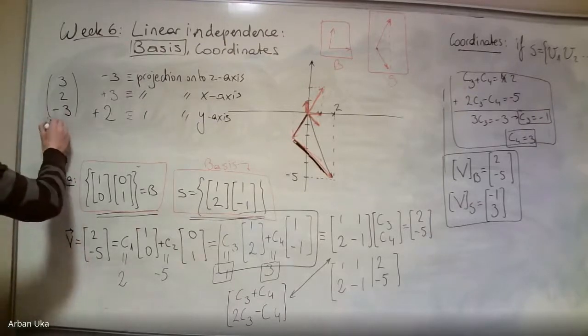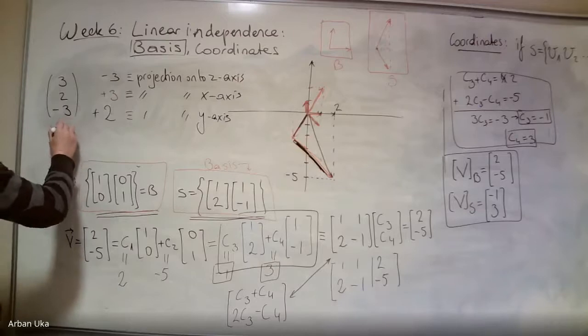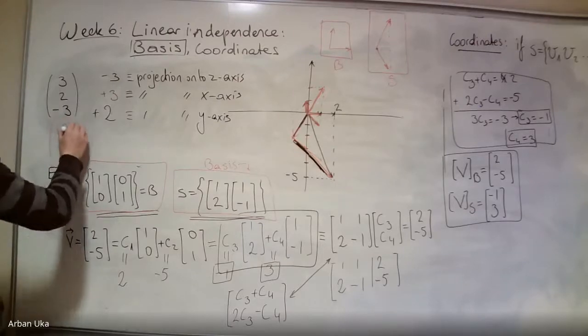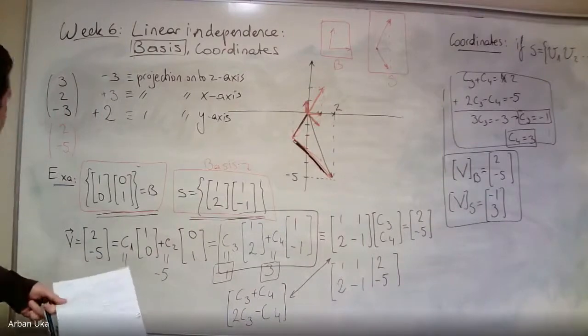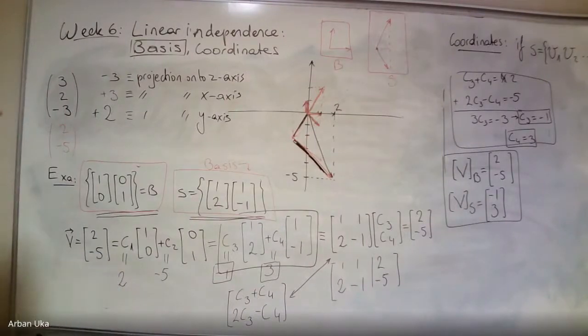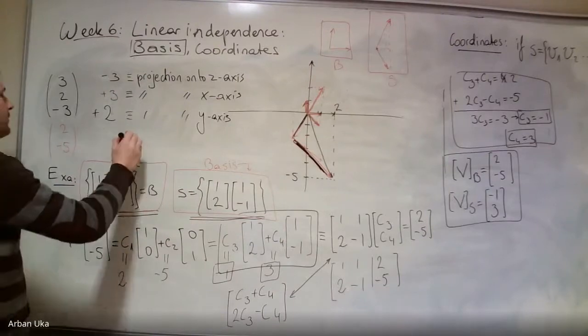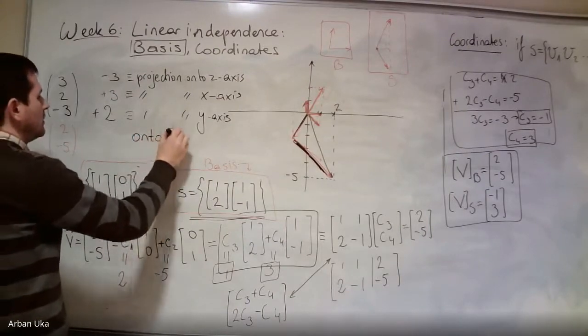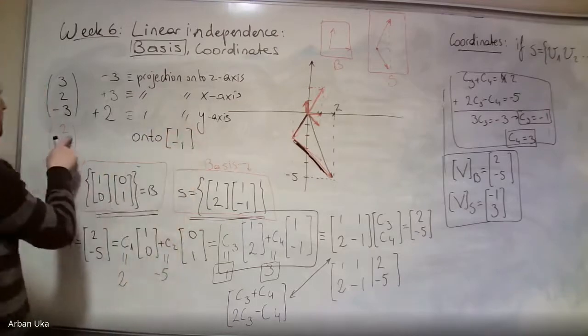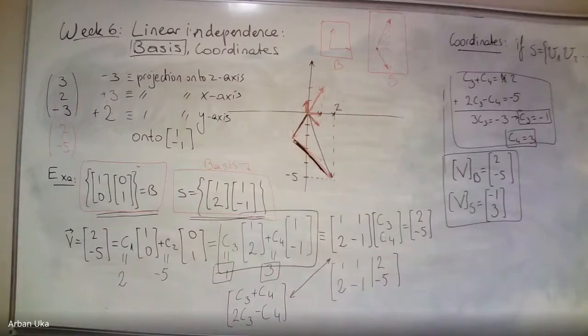Now I can ask you this question. We have here the vector 2, minus 5. What is the projection of this vector onto 1 minus 1? 7. 2 plus 5.